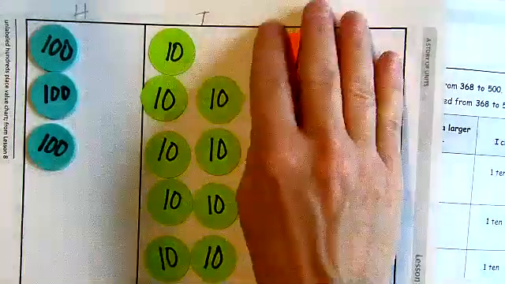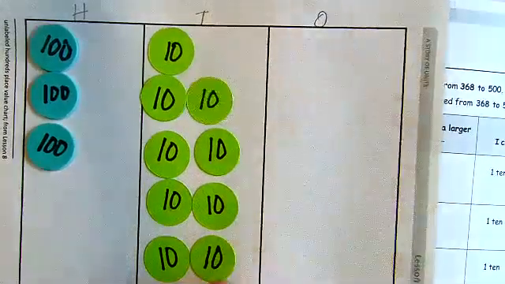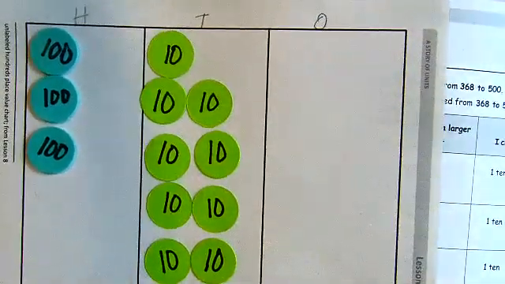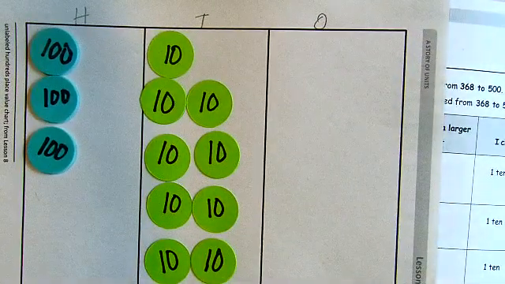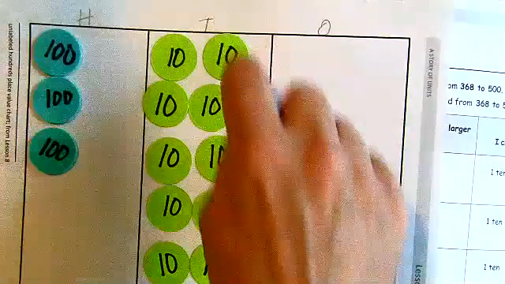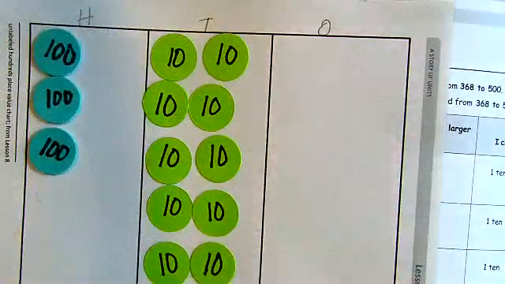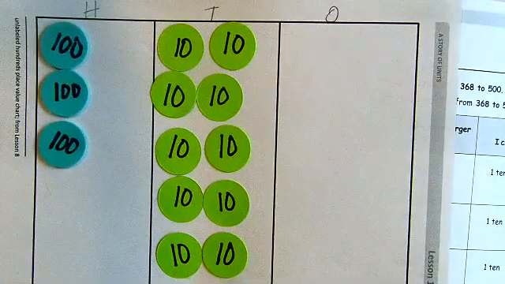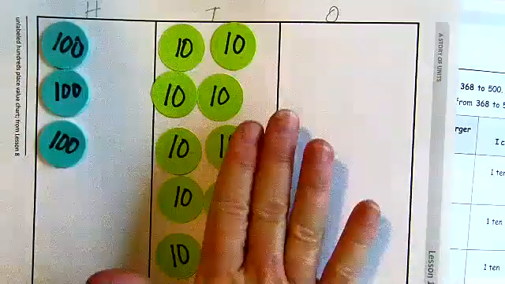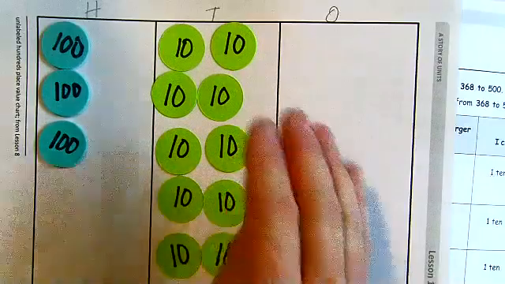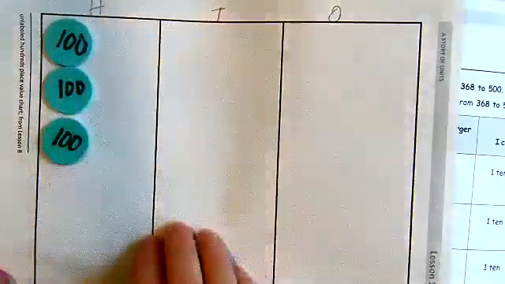We are going to trade out those 10 ones for a 10. And now look at my tens. How many tens do we have? 10 groups of 10 makes 100. We're going to change this up for 100. Now we have 400s, 0 tens, 0 ones.